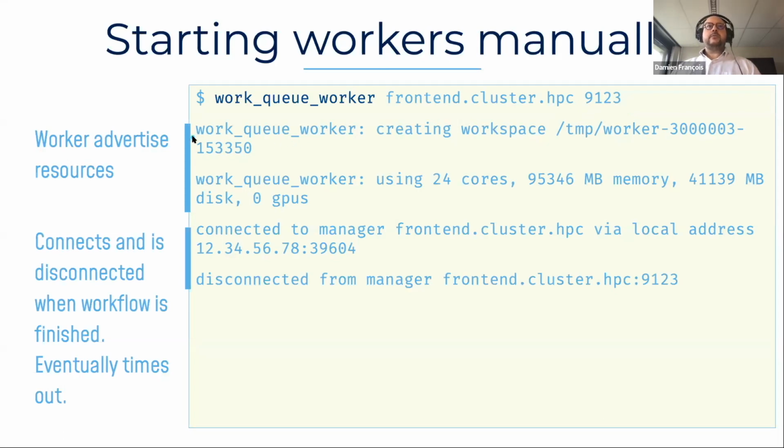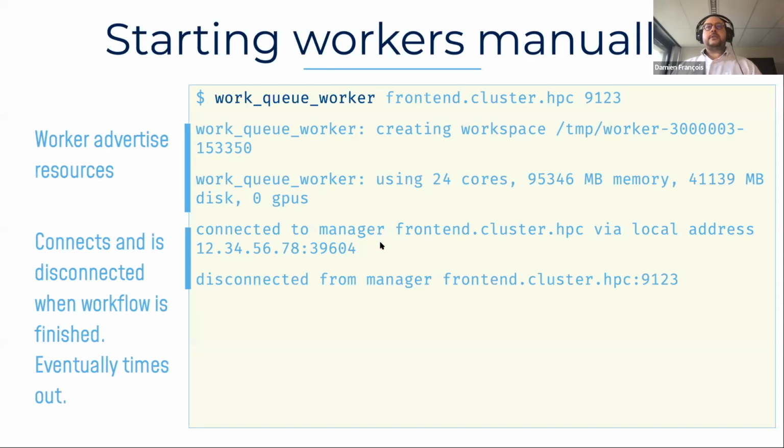Then you see that the worker will advertise its resources to Makeflow, and then it will connect. As soon as Makeflow is finished, the worker will disconnect, but there's also a timeout if for whatever reason Makeflow never asks the worker to stop.